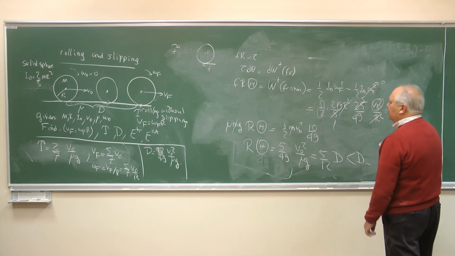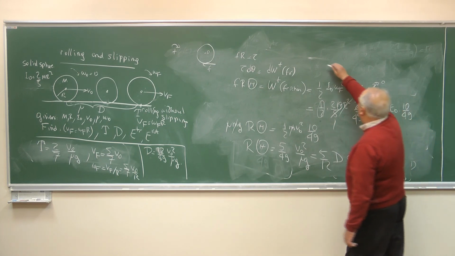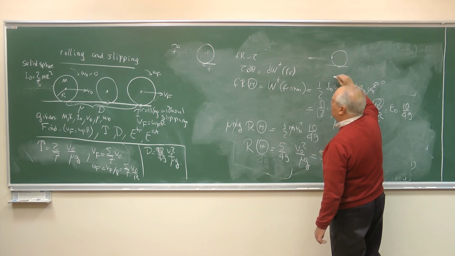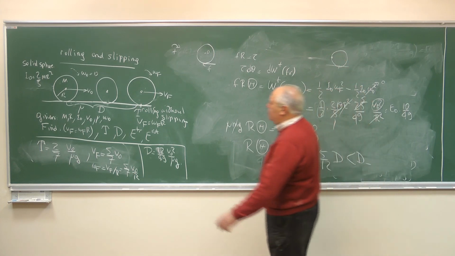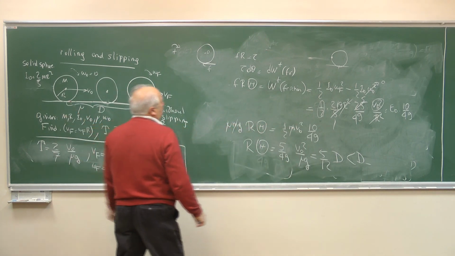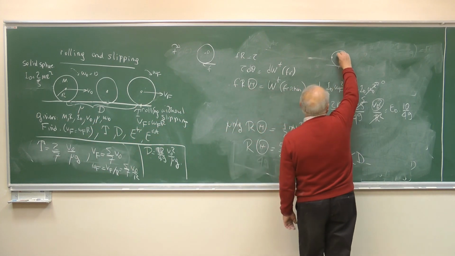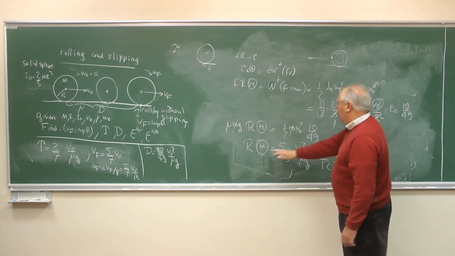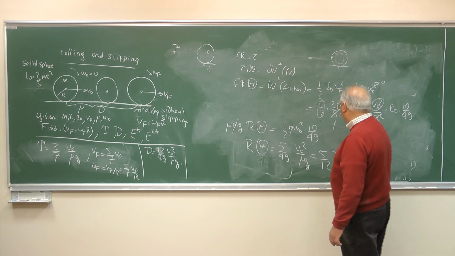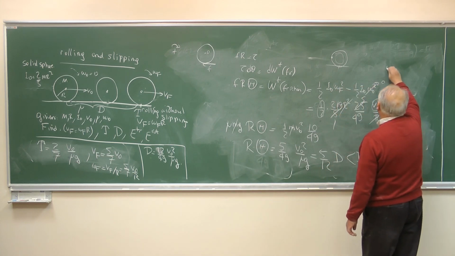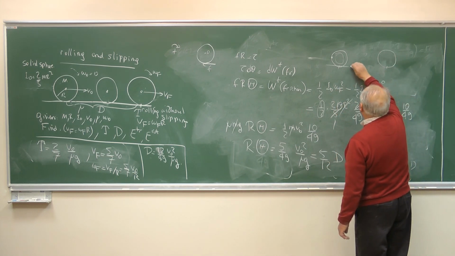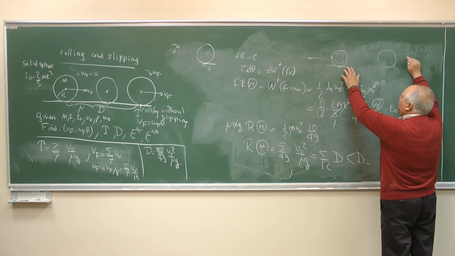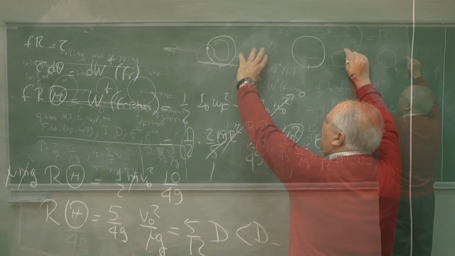So what does it say? It says that if you take a point here, when it was just beginning its motion with the speed V0, this P rotated by so much theta, and if you multiply by R, it is less than D. So this is obvious because part of the time it was sliding.